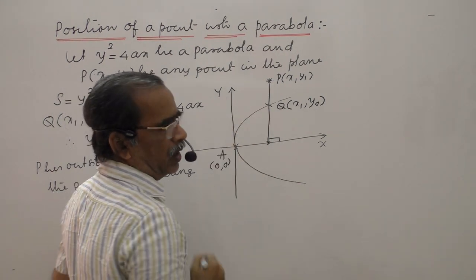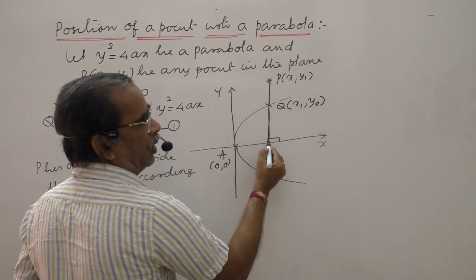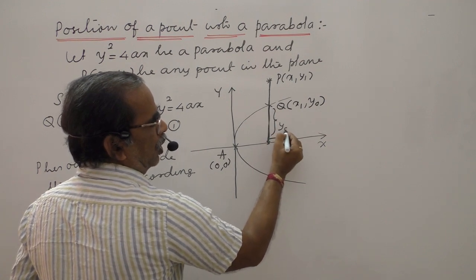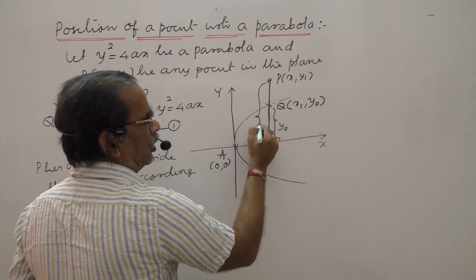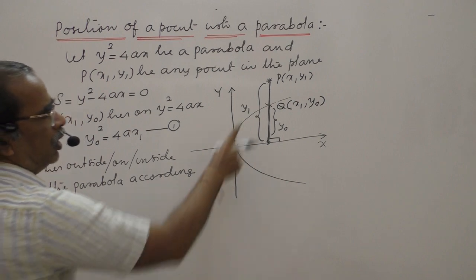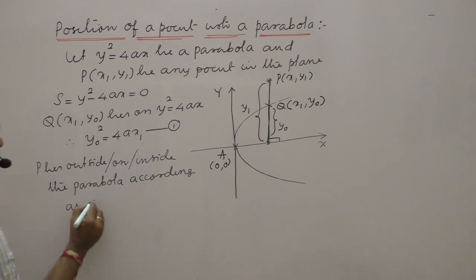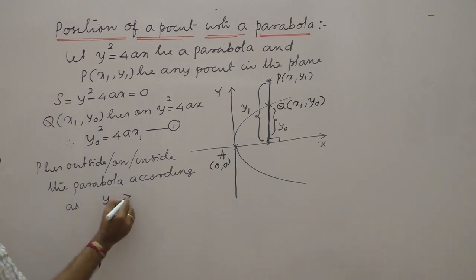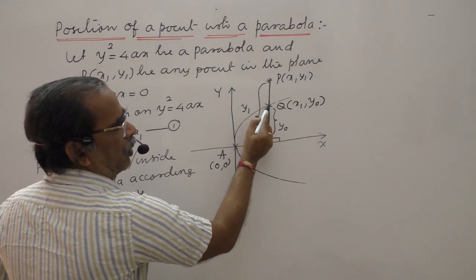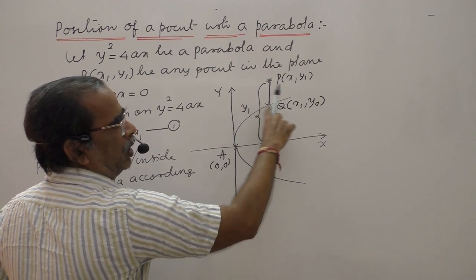When it lies outside the parabola, y₁ will be greater than y₀. This distance is y₀, the y coordinate of this point, and this distance is y₁, the y coordinate of this point. If point P lies outside, then y₁ will be greater than y₀.